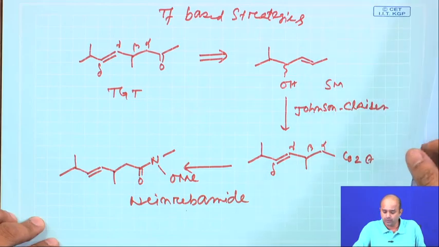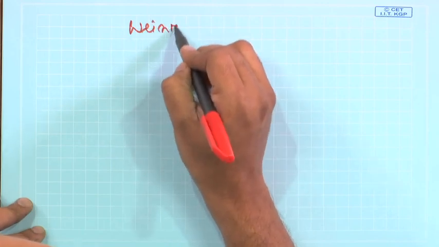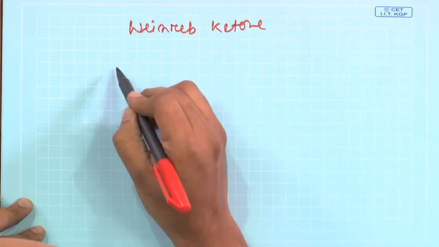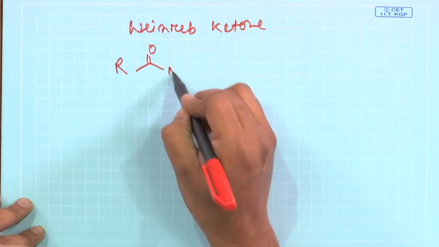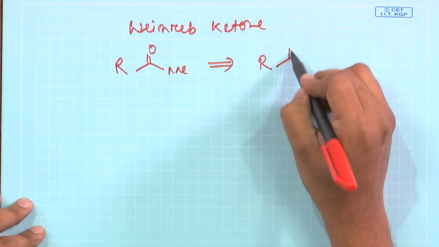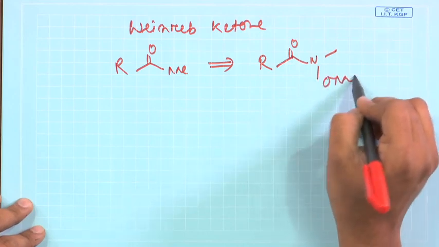Next, we will be talking about a particular transformation in continuation with this, the Weinreb ketone synthesis. The disconnection is basically something like this. We said esters are very reactive.